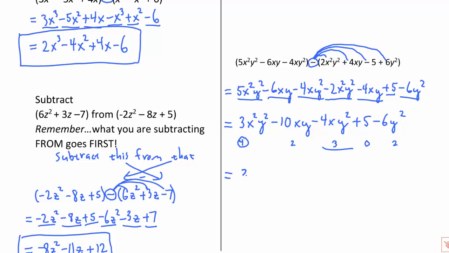You don't have to do this, but it is strongly recommended to write this as 3x squared y squared minus 4xy squared minus 10xy minus 6y squared plus 5.